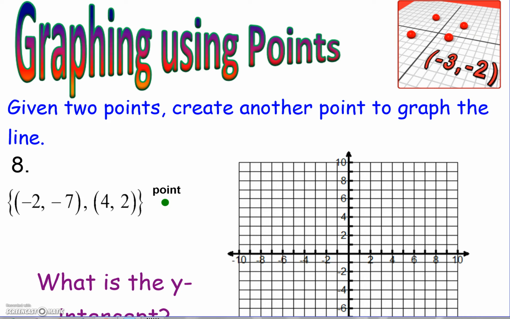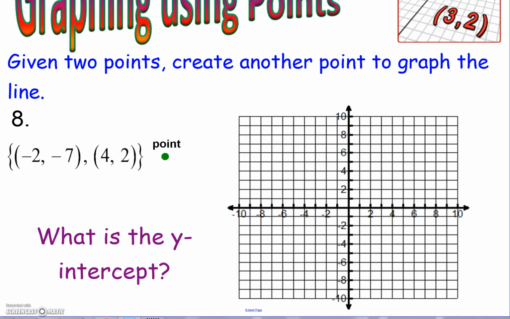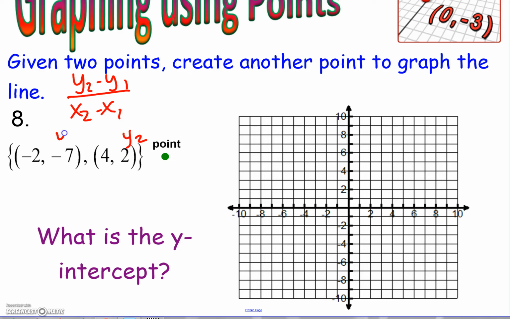All right. So graphing using a point. Given 2 points, create another point to graph the line. Okay, so in order to create a new point, we can figure out our slope, which is y2 minus y1 over x2 minus x1. Here's your y2 and your y1, x2, x1.